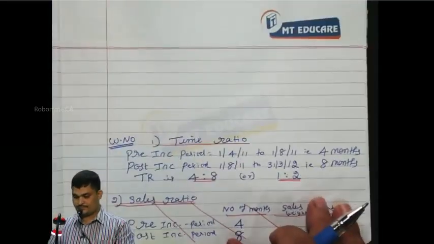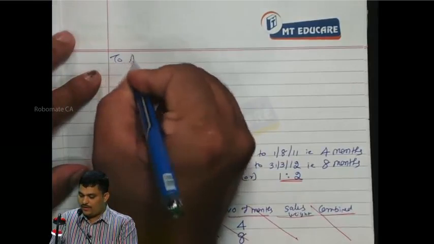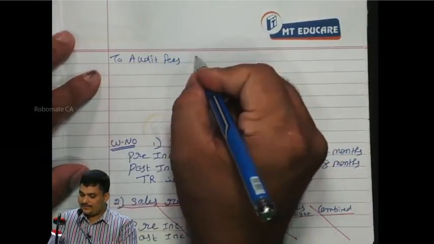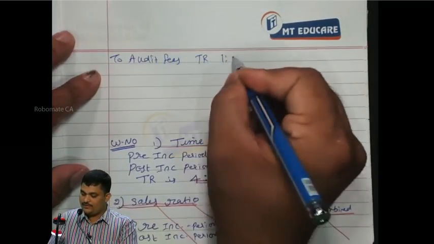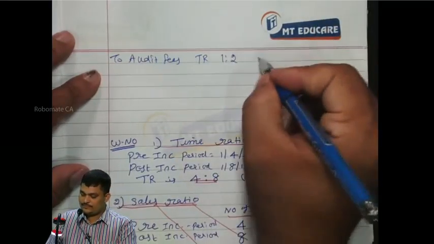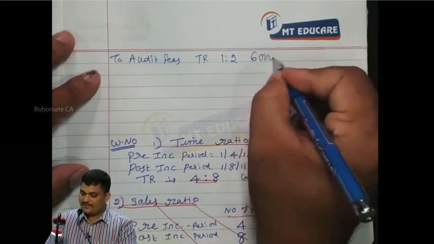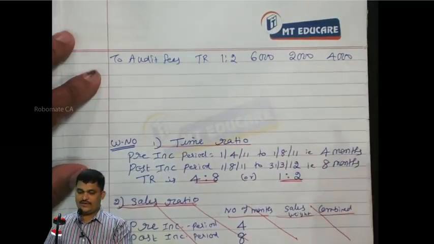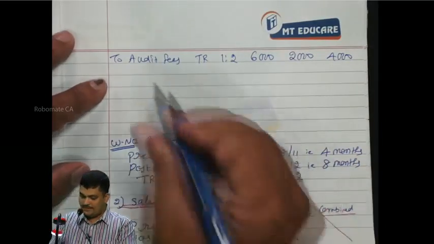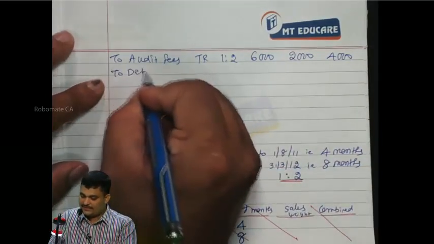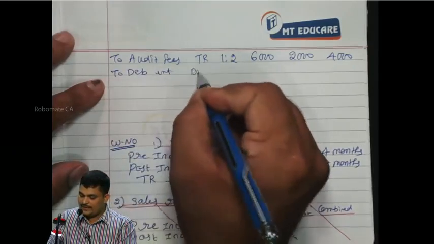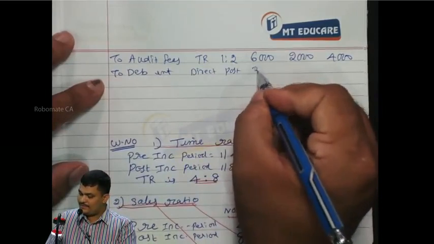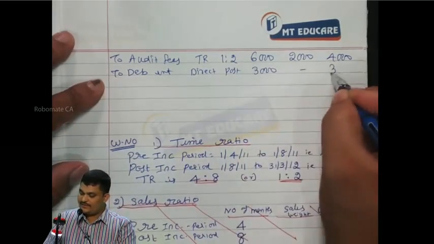Next, to audit fees, time ratio 1:2, 6,000, 2,000, 4,000. Everybody. Then, debenture interest, direct, post, 3,000, nil, 3,000.